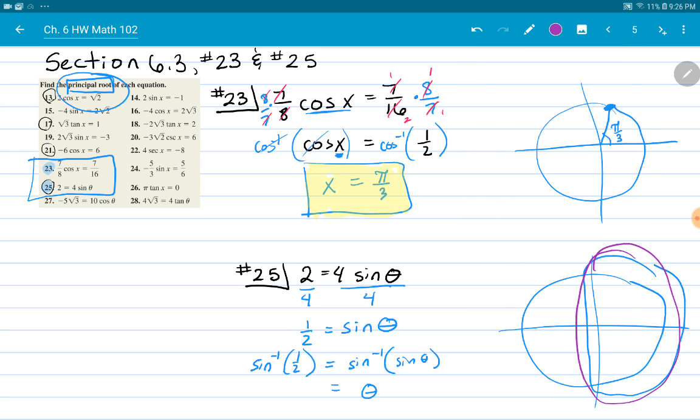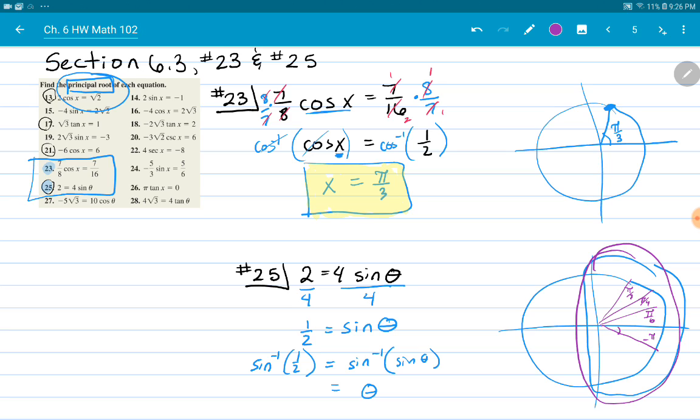And I have pi over 6 and pi over 4 and pi over 3. And when I go down, for the bottom half of that circle, I am actually using the negative angles.